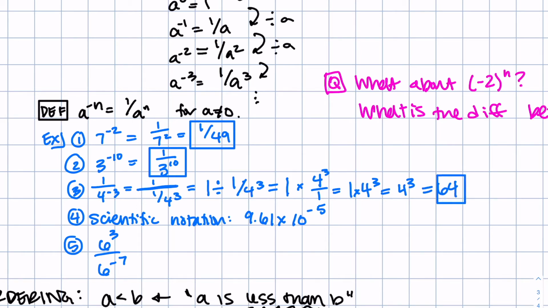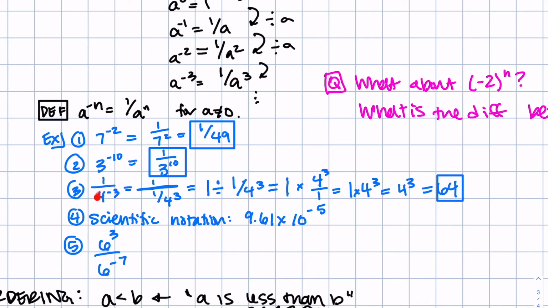But the point here is to notice this pattern, that this negative exponent is telling us to either move up or down the 4 cubed.